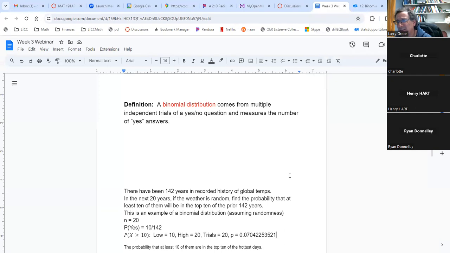Doesn't mean statistics has failed us. What it means is we were assuming something was wrong. Right here, weather is random. We're assuming that next year has just as high a probability as any other year of being in the top 10.